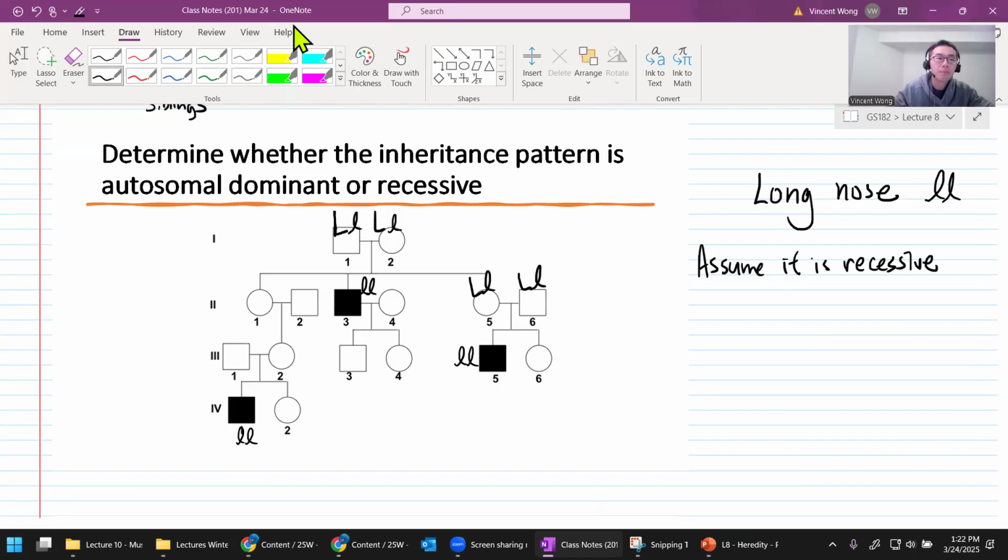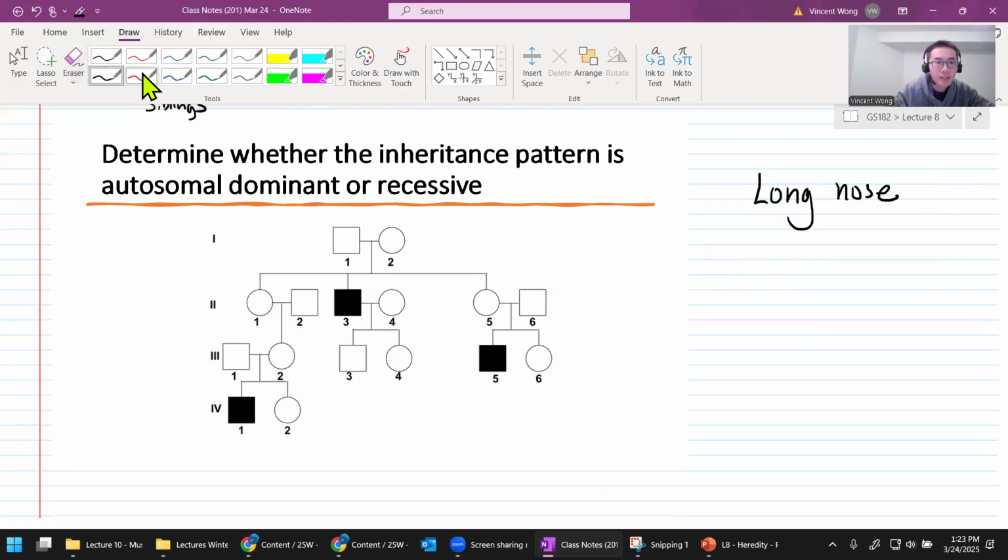But some people say dominant. Let's see what dominant would mean. If this is dominant, that means to have this trait, the person must have at least one capital allele, right? Now, if there's one capital allele, I don't know what the other one is. It could be another capital L, it could be a small l.